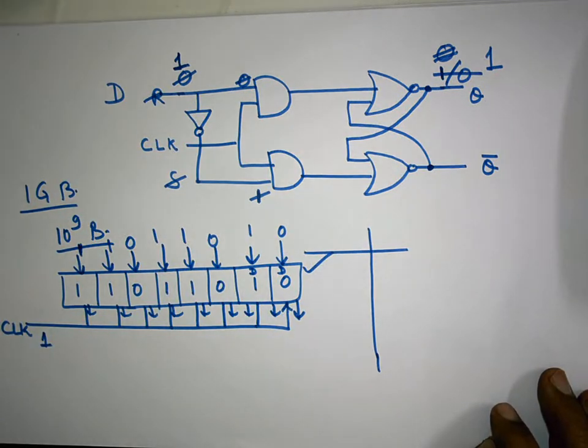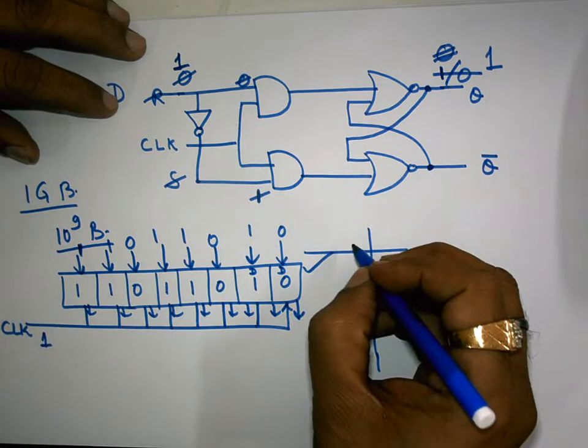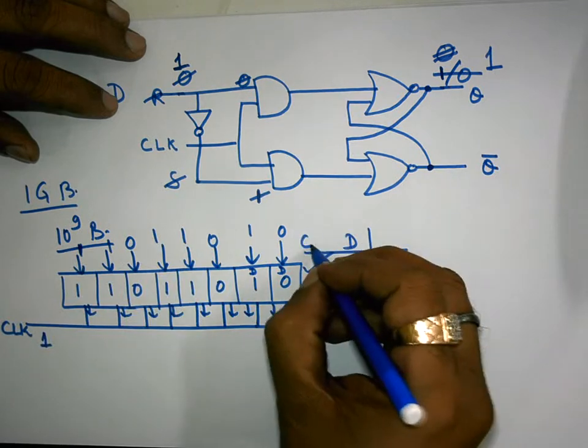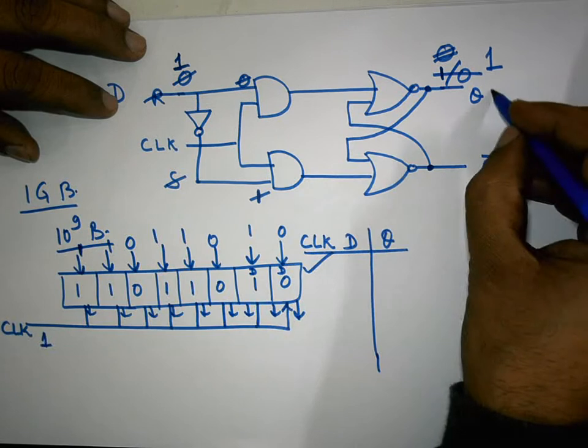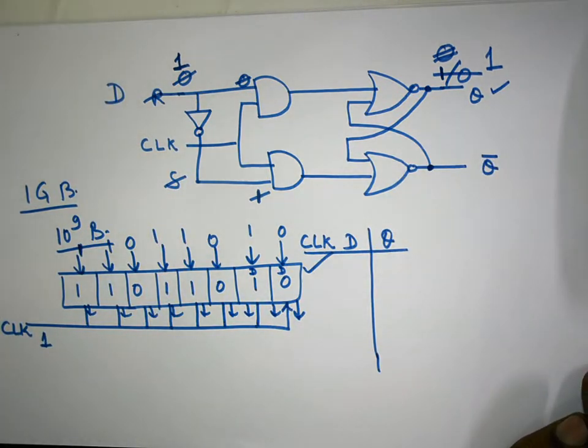So this is a D flip-flop. If we look at the operation of this D flip-flop, this is D and this is clock, and I am looking at only one output now.